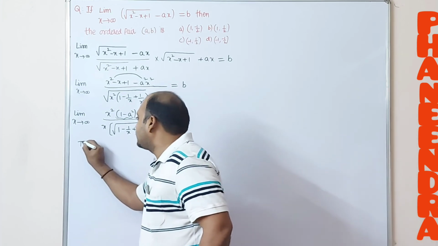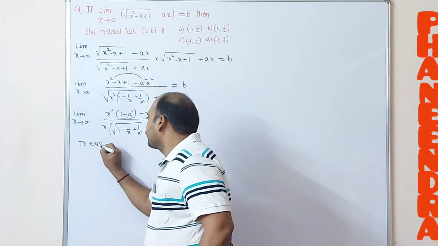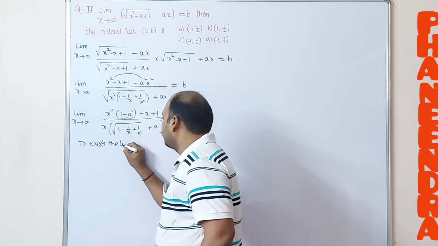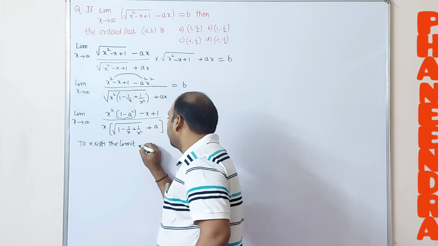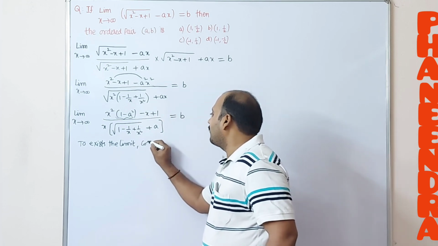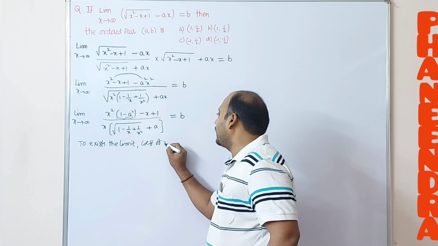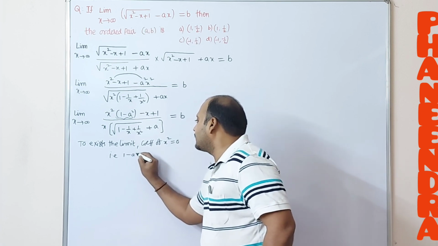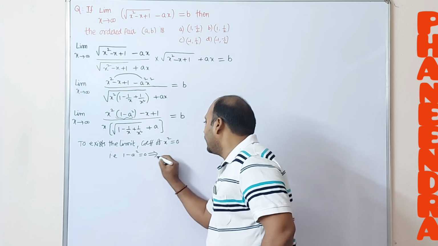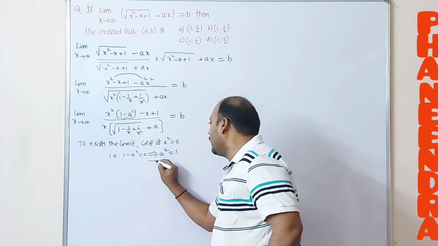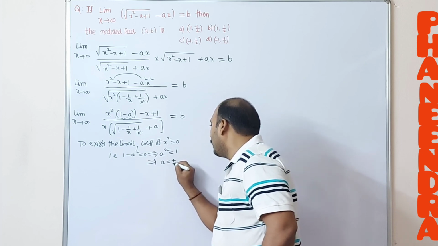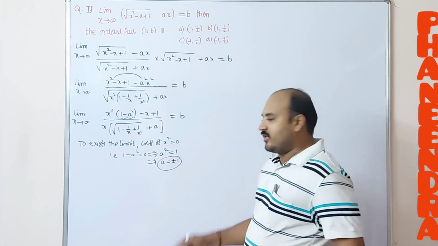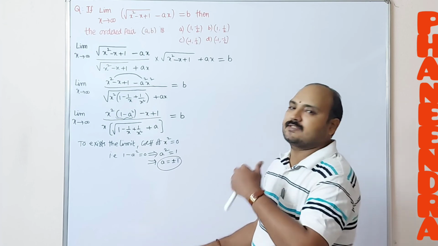The coefficient of x square should be equal to 0. That is 1 minus a square equal to 0, which implies a square equal to 1, so a equal to plus or minus 1. We will discuss the cases later, whether it is plus 1 or minus 1.